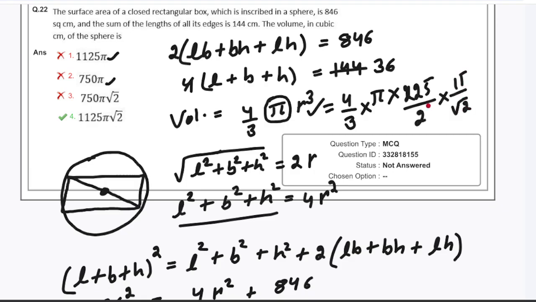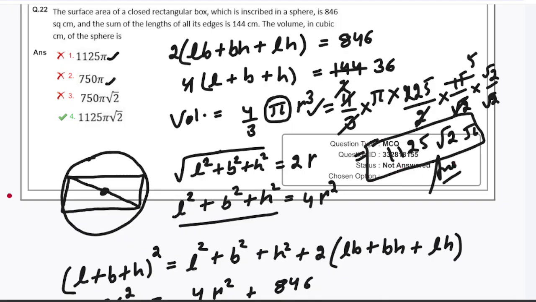Because this 2 will get cancelled here and this 3 can get cancelled here. That means the answer we're going to get is 2 into 5 times 15 by root 2. The answer is not in the form of divide by root 2, so we have to rationalize also. So that 2 will also get cancelled. So we're going to get 225 into 5, which is 1125 root 2 pi. So that is going to be the answer.